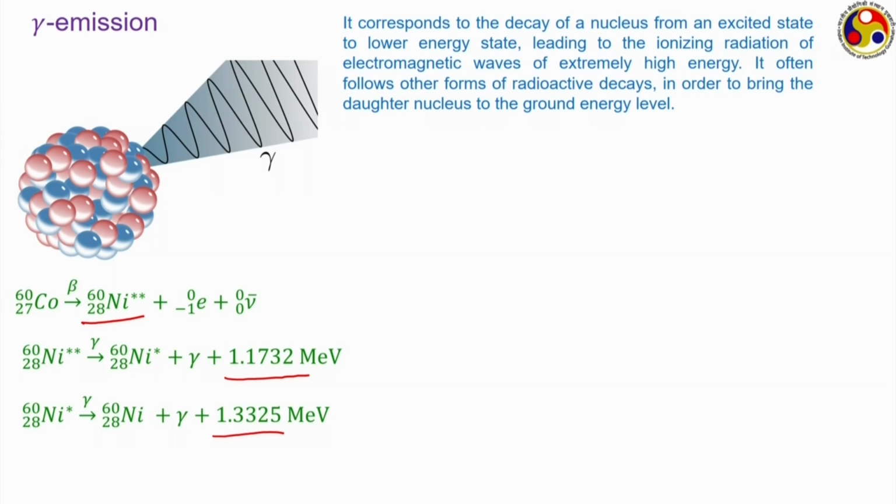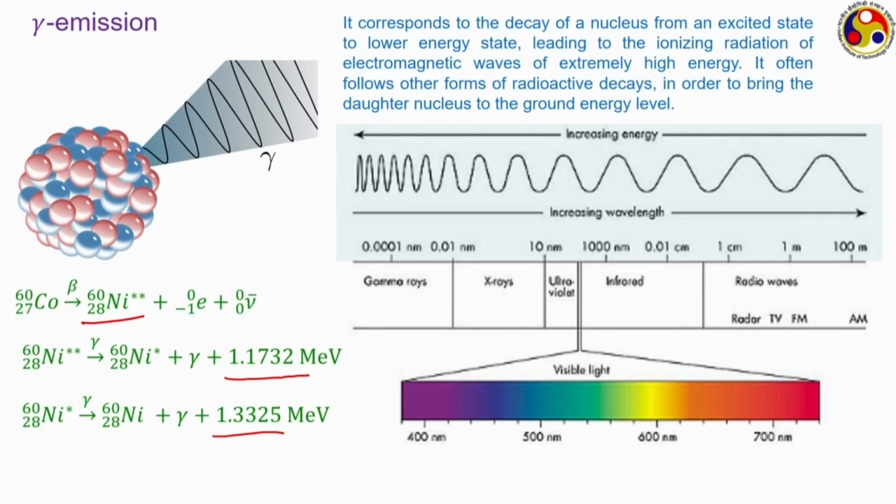So, by virtue of this gamma emission, we basically have isomer formation. If you remember, at the beginning of this module I mentioned those terms isobar and isomer. Isomers are those which have the same atomic number, mass number and number of neutrons, but differ only in terms of energy level, and gamma emission corresponds to that. Gamma rays are electromagnetic waves of extremely small wavelength.